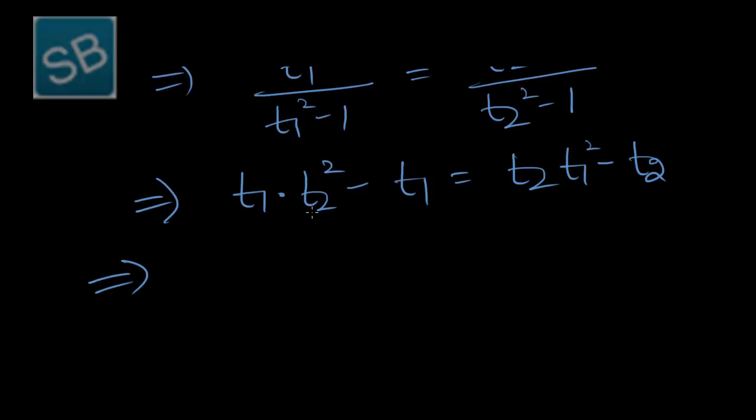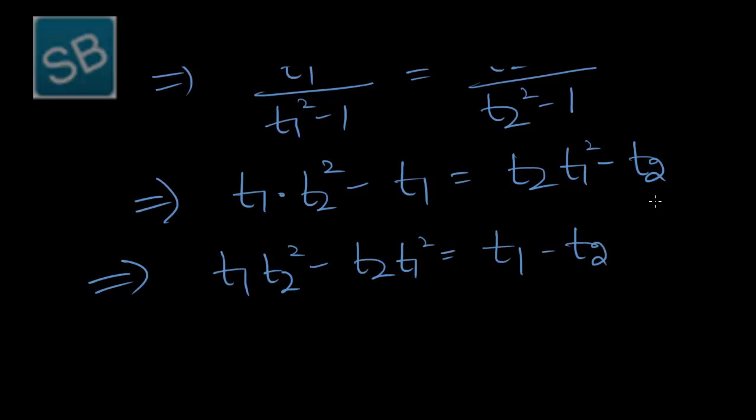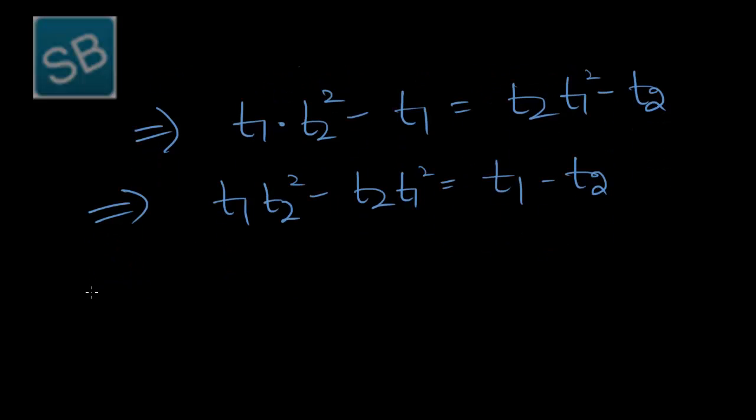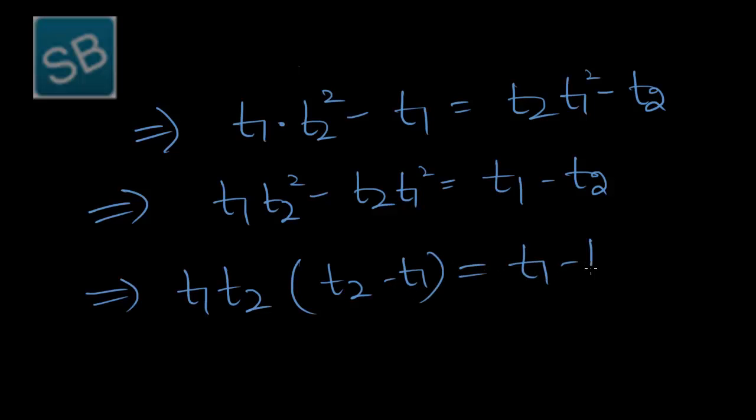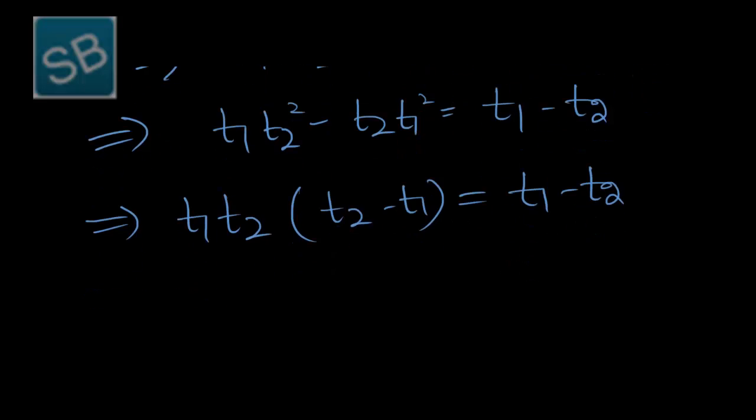So taking the same term on both sides, that is t1 t2 square minus t2 t1 square, and here t1 comes out, becomes positive, minus t2. From these two terms we take t1 t2 common, and in the bracket we will get t2 minus t1 is equal to t1 minus t2.